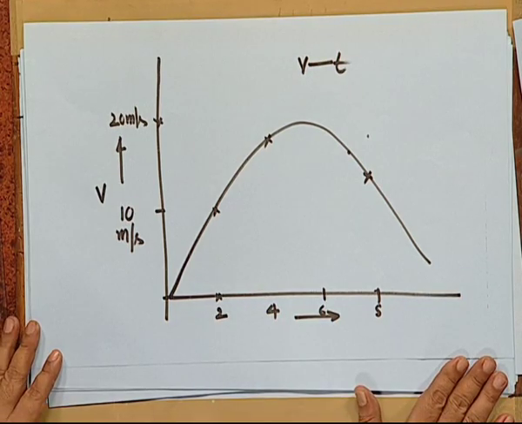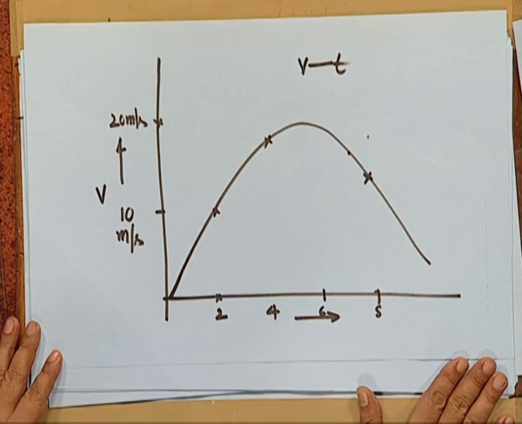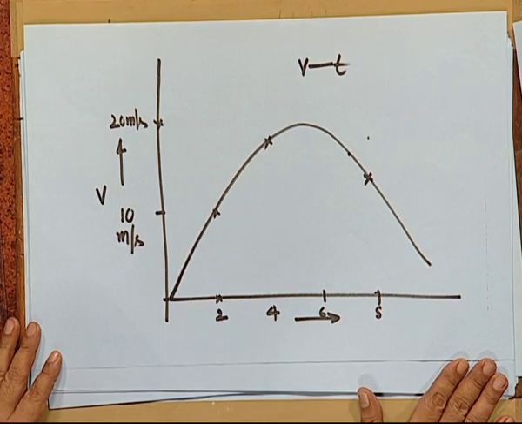So, for an object moving in a straight line path, we will consider the velocity variation with time. Look at this graph which I have presented, which shows the variation of velocity with respect to time. We will discuss the variation of velocity with respect to time in the next session, with the idea of what is meant by acceleration of an object moving in a straight line.